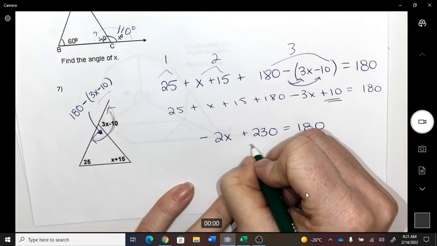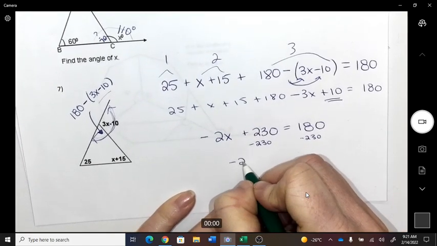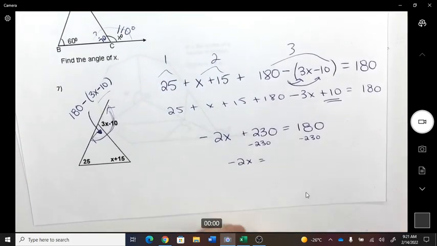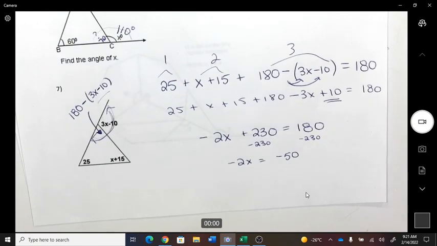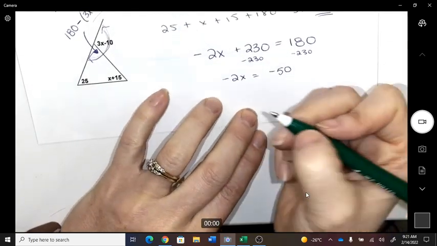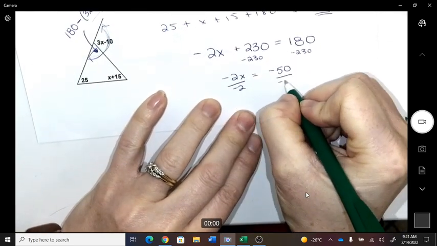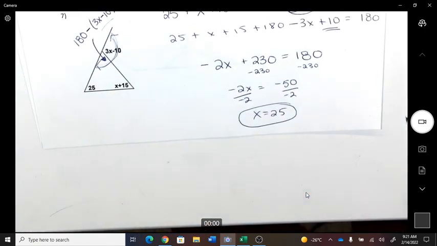Okay, now we're going to go this, subtract 230. Okay, last step, divide. So x is going to be 25.